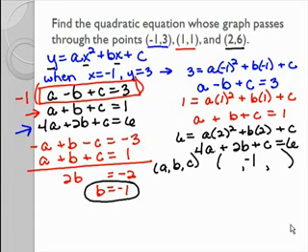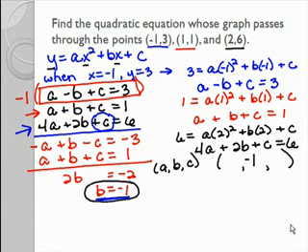So on this equation, 4a plus 2b plus c is equal to 6, I want to eliminate one of the variables. I don't want to eliminate the b because I know what b is. I want to be able to substitute it in. So I have to eliminate either the a or the c. I think it's going to be easier to eliminate the c because I have a 1c there, and the equation right above it also has a 1c.